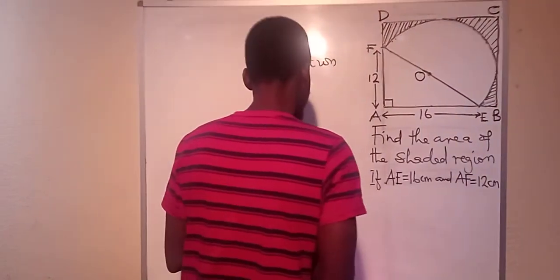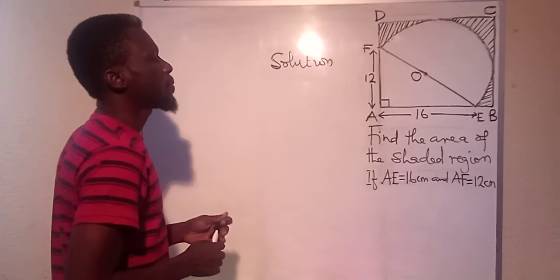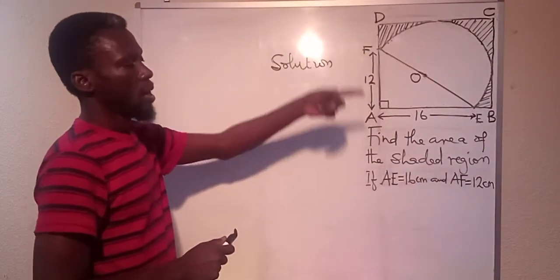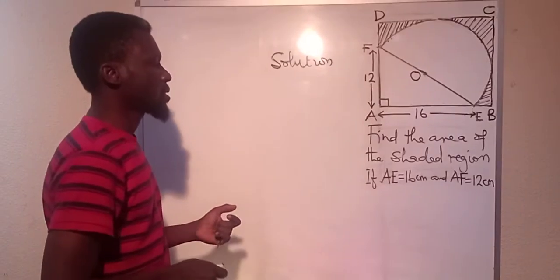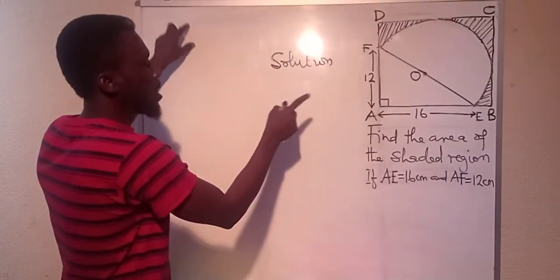All right. So now, firstly, let's find the hypotenuse of the right angle triangle to serve as the diameter of the semicircle.